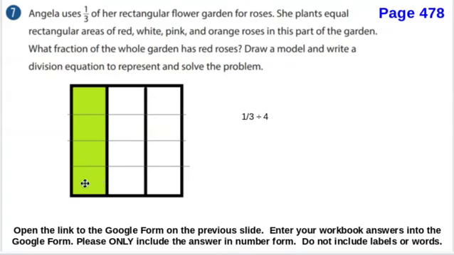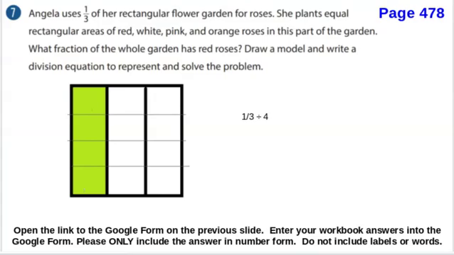So we want to know if this is the red roses right here, what does that represent out of the whole entire garden? So you can see that this one piece, again, because we are doing a fraction divided by a whole number, our answer is going to be a fraction.